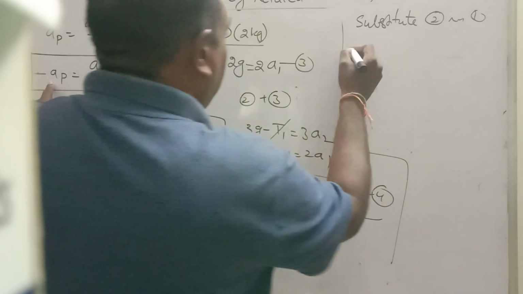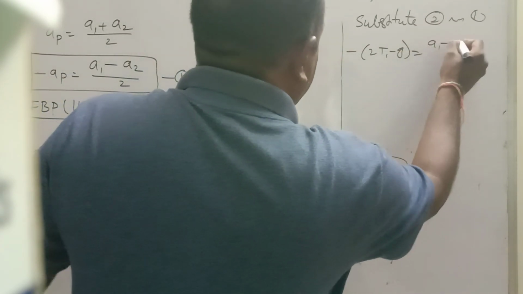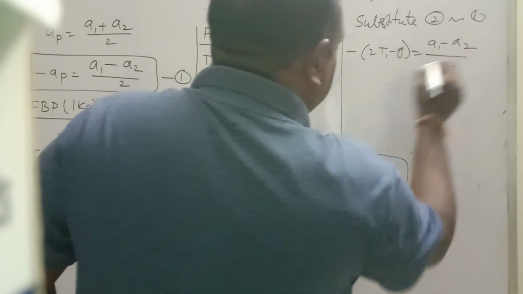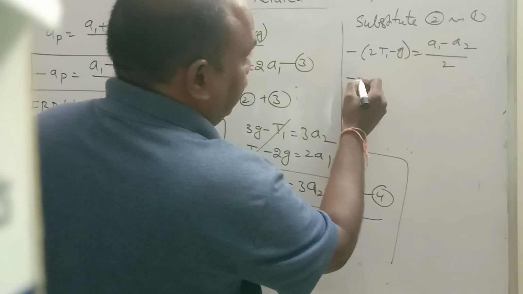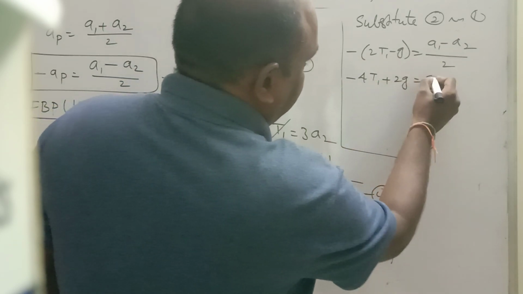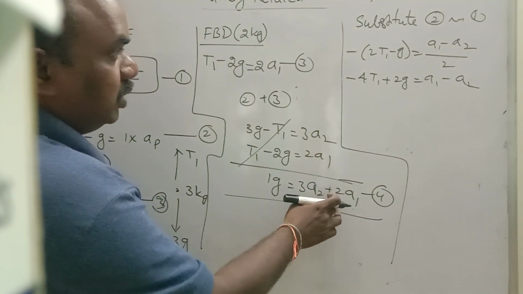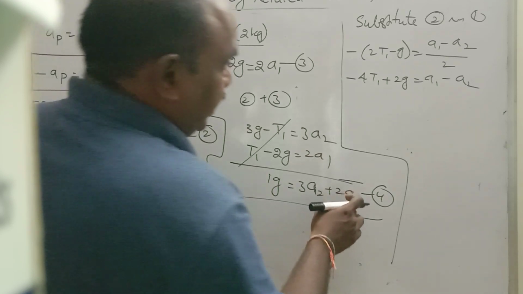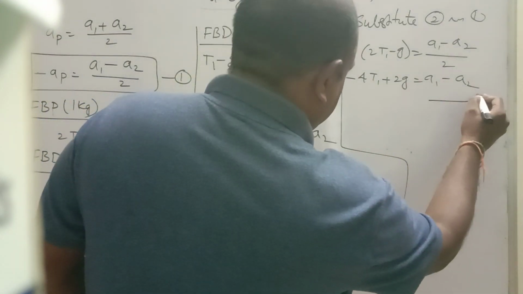Minus of (2T1 minus g) is equal to (A1 minus A2) by 2. So cross multiply: minus 4T1 plus 2g is equal to A1 minus A2. Here we got 3A2 plus 2A1 for g. Let us consider this equation number 5.